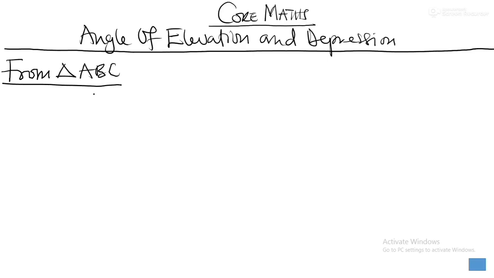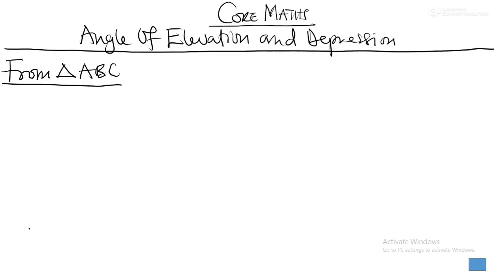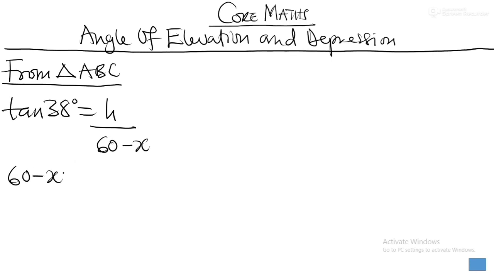From triangle ABC, here our trig ratio will be tan 38 degrees equal to H on 60 minus X. So making H the subject, we are going to have 60 minus X times tan 38 degrees.